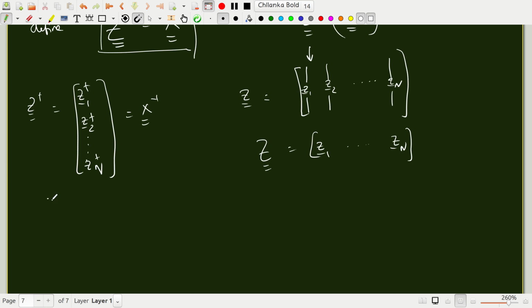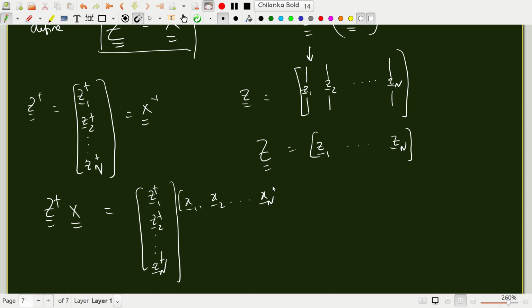So Z dagger X is the rows Z1 dagger, Z2 dagger, up to Zn dagger multiplying the columns x1, x2, up to xn.